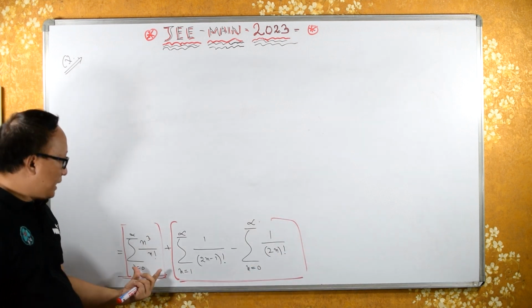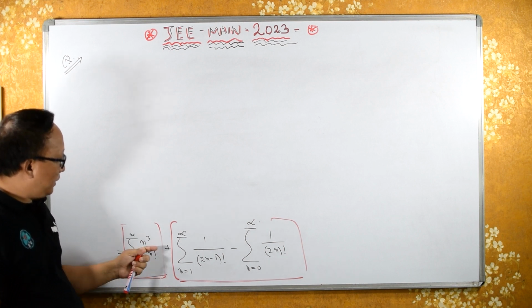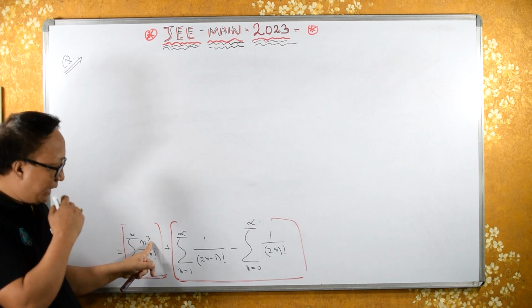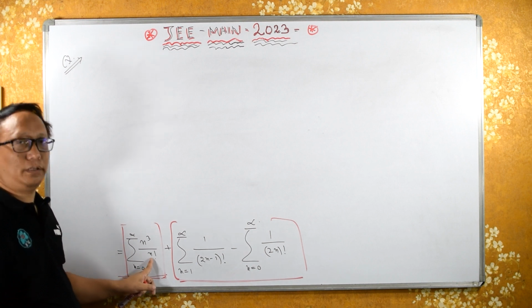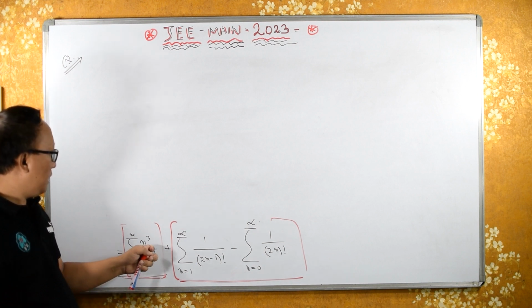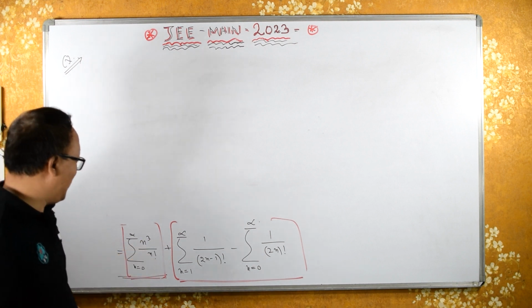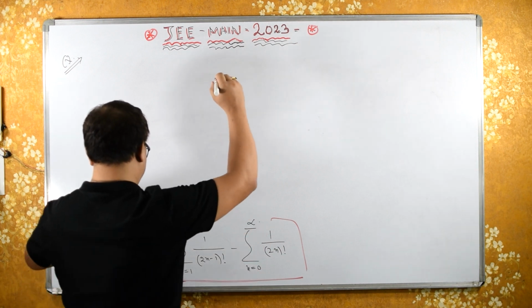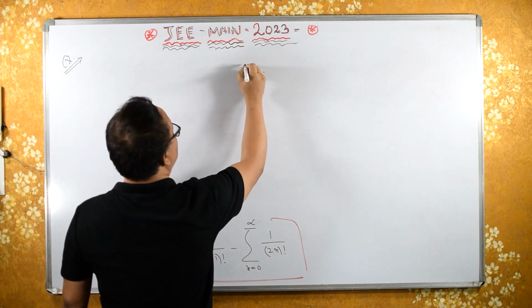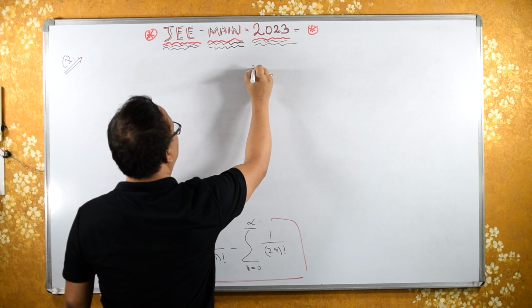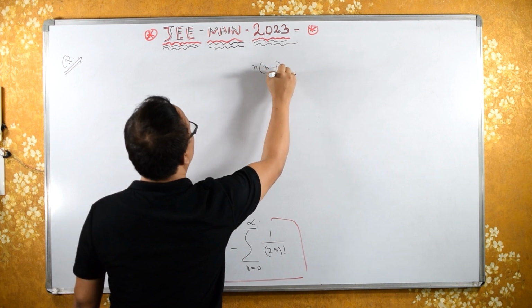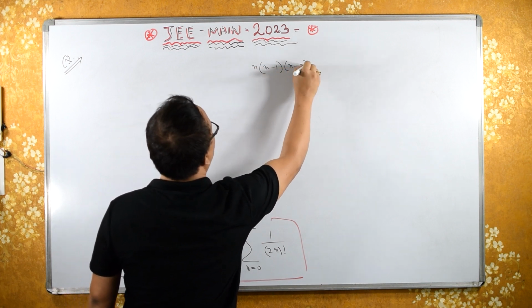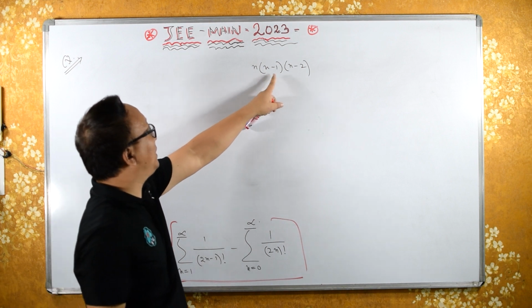Okay, now let's consider this. In the numerator we have n cube. Here in the denominator we have n factorial. Now if I want to bring this into cubic form, n cube is the same as, can we consider something like n into n minus 1 into n minus 2. Here I am getting n cube.